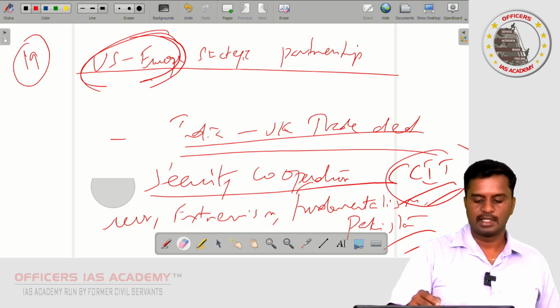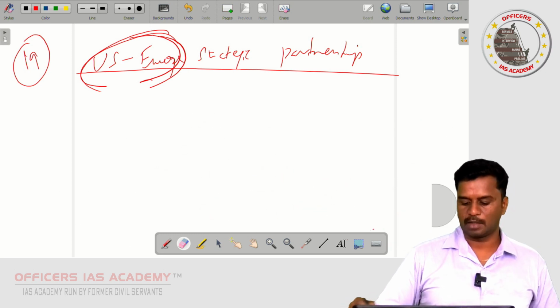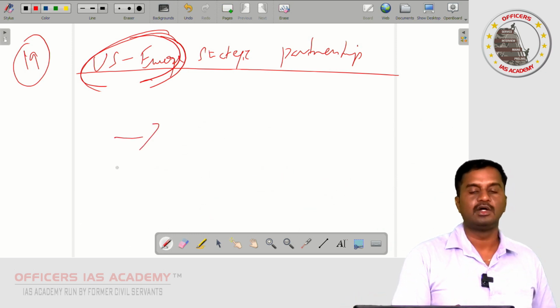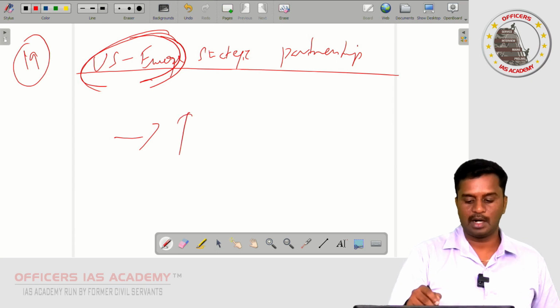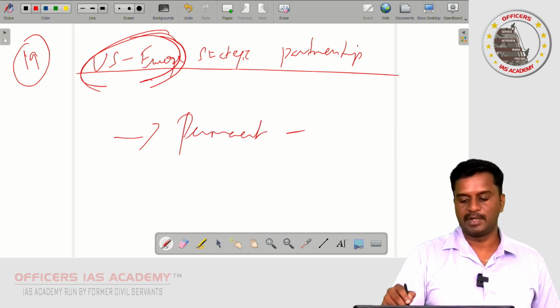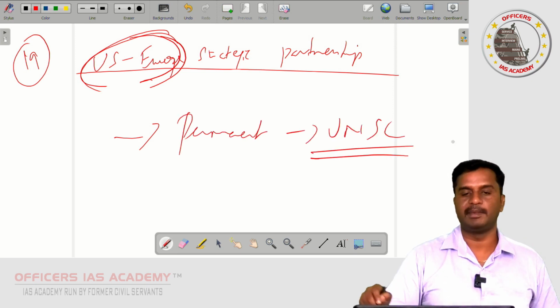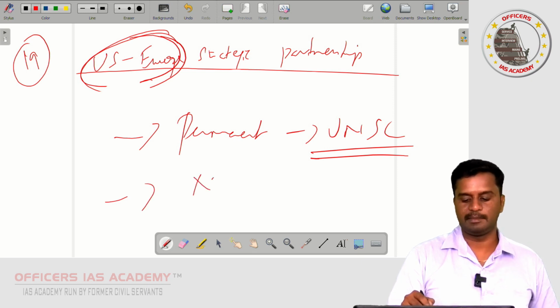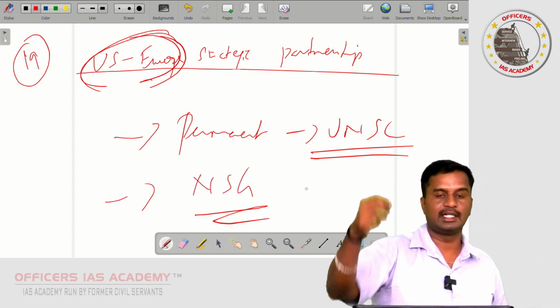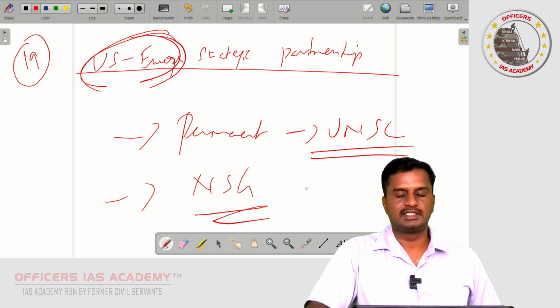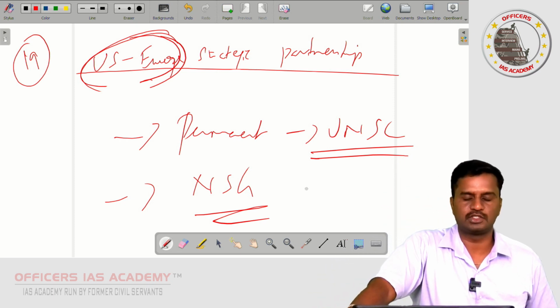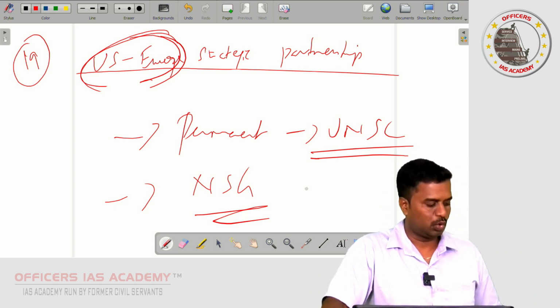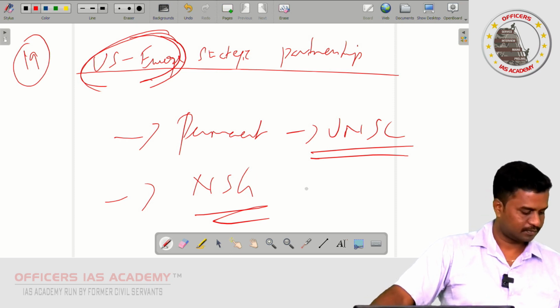Apart from this, US and Europe support is needed for India to get permanent membership at UNSC. Mention this. We also need membership in NSG. So the goodwill is very important as far as Europe and US are concerned.